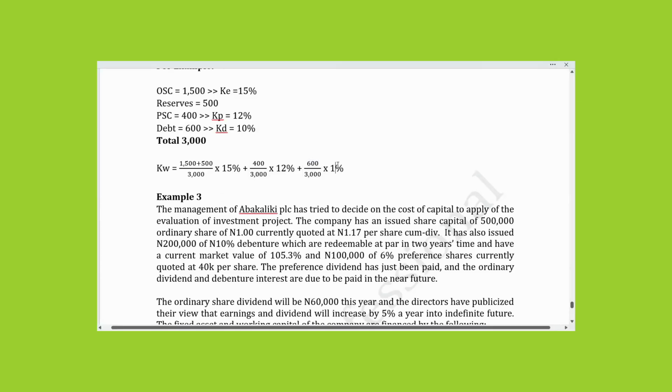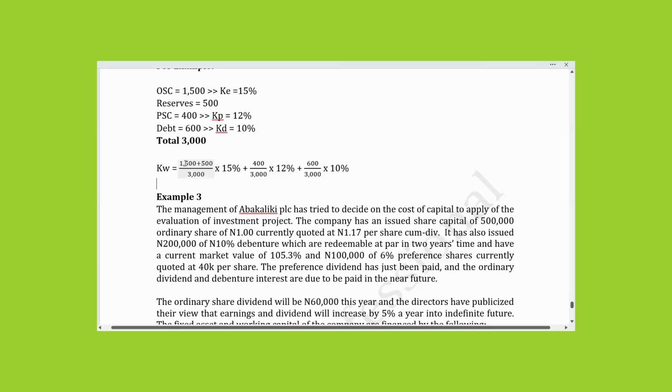So at the end of the day, I will add everything together. This plus this plus this will give me the average cost of capital. That's why we are saying that weighted average cost of capital represents the overall cost of capital for a firm, weighted according to the proportion of each source of finance in a company's total pool of capital.